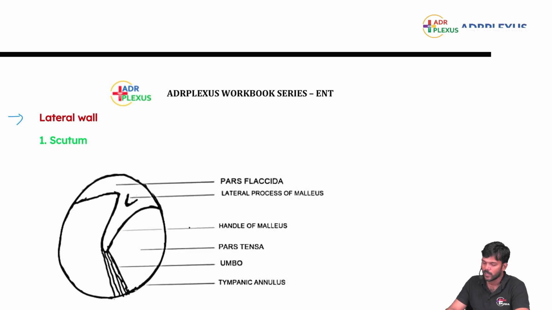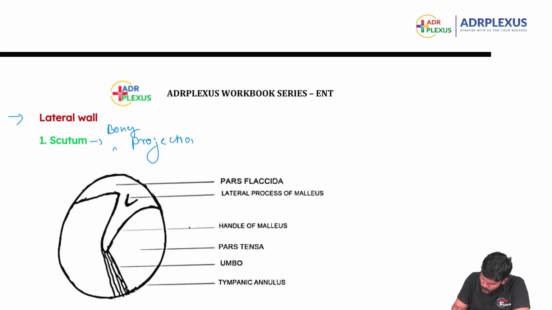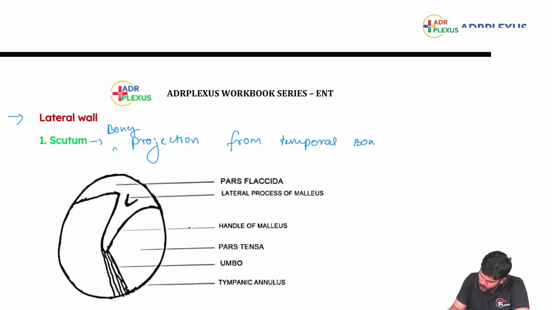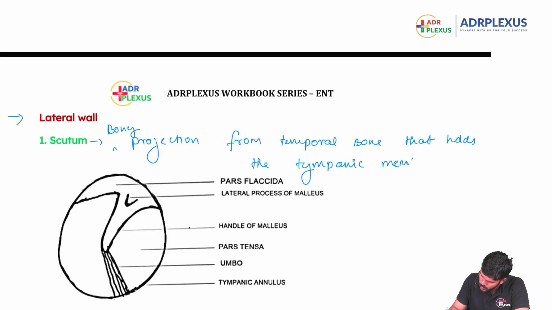If tympanic membrane forms the lateral wall of the middle ear, what are the important structures that hold the tympanic membrane? Scutum is a bony projection from the temporal bone that holds the tympanic membrane.